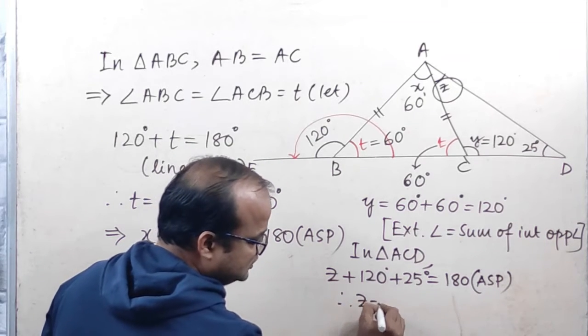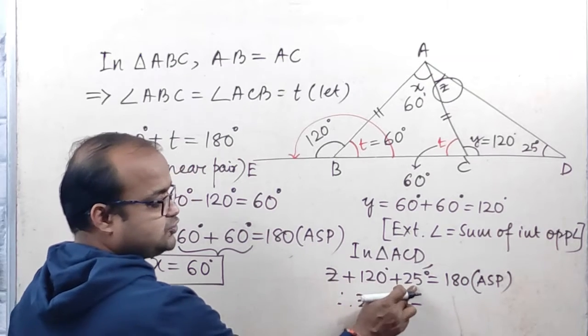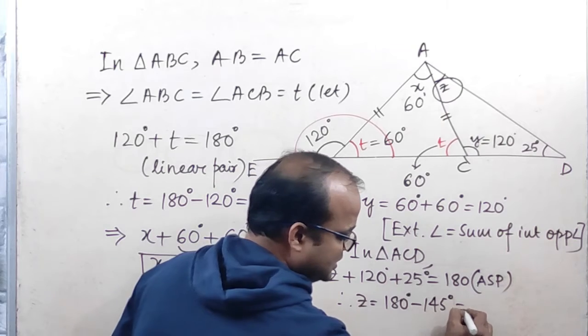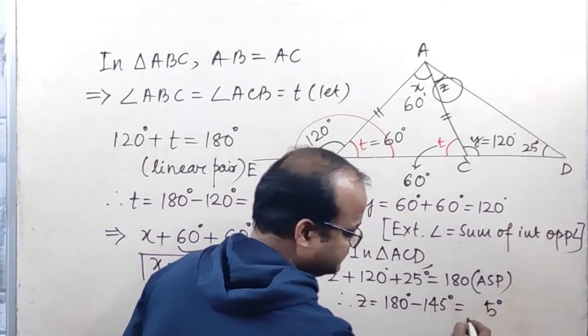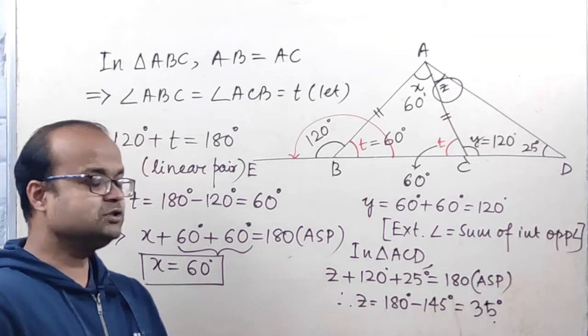Therefore Z equals 180 minus 145. So the value of Z is equal to 35 degrees.